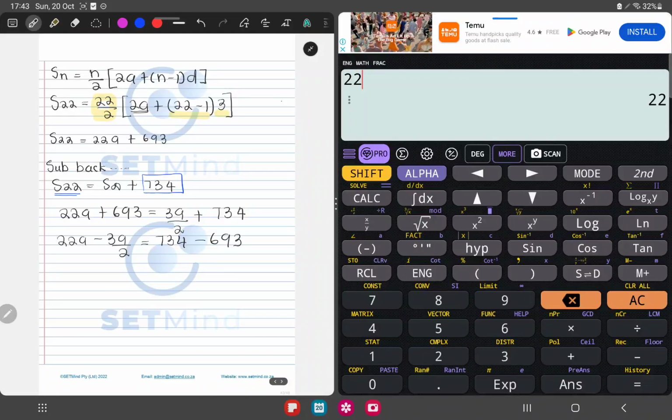If you look carefully, we have 22 minus 3 divided by 2, and that becomes 41 over 2. So it becomes 41a over 2. Then on the right hand side, we have 734 minus 693, and what we get there is 41.